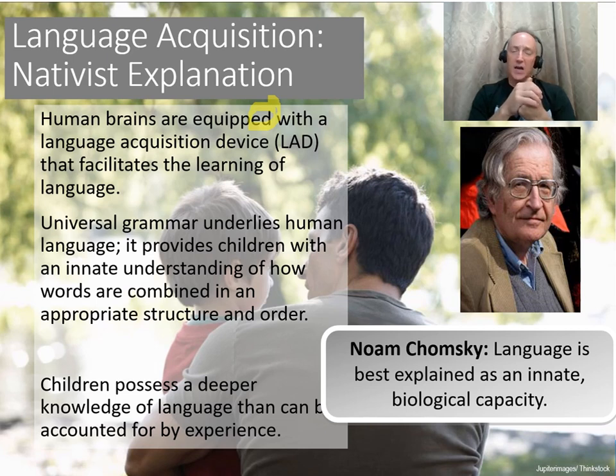Now, he was a cognitivist, not a biologist, so he said there must be something in the brain. He wasn't talking about specifically a certain structure or anything. And that something, he gave the term the language acquisition device, the LAD. He said there's got to be something that we're born with that allows us to learn language the way we do.